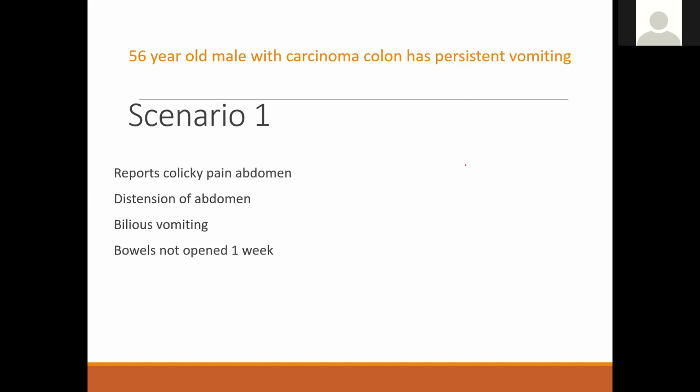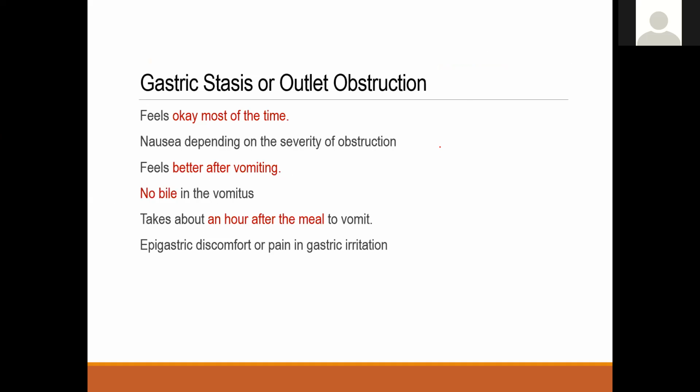Yeah, someone has answered, right? This is about bowel obstruction. We'll be dealing in detail about bowel obstruction in the next session, but very briefly, in this situation, usually the patients will feel okay most of the time, but they may have nausea depending on the site of obstruction.